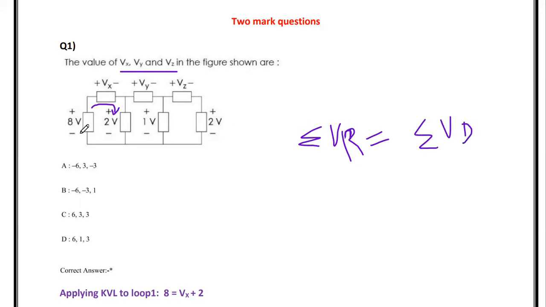Voltage rise means, when measuring the voltage from minus to plus, minus means lower potential and plus means higher potential. Going from lower potential to higher potential, we consider this a voltage rise. Plus to minus, higher potential to lower potential, is called a voltage drop. So in any closed path, the sum of voltage rises is equal to the sum of voltage drops.